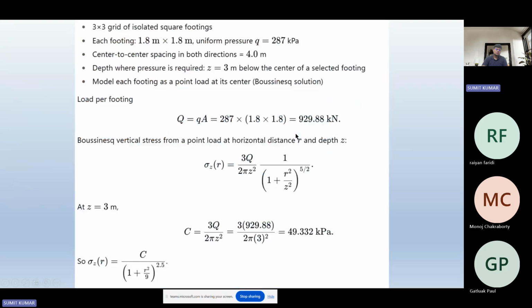So this could be generalized because 3q by 2 pi z square remains constant, so it could be written as c, and 1 by 1 plus r square by z square to power 5 by 2, so r square by 9, because z always remains 3 only, so this equation could be rewritten in that format.